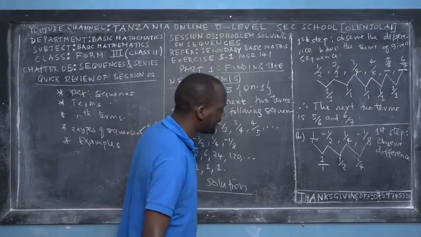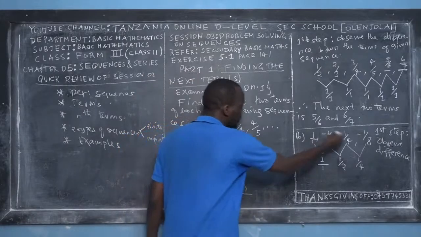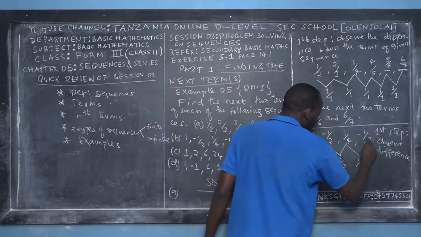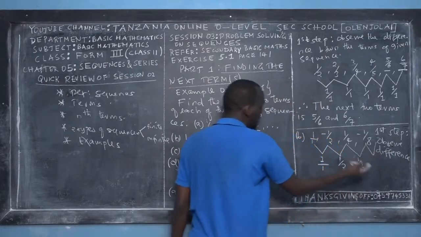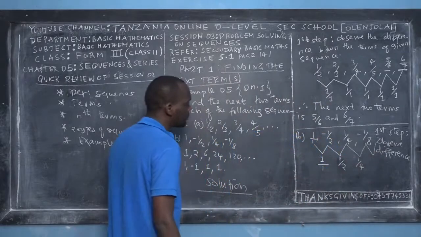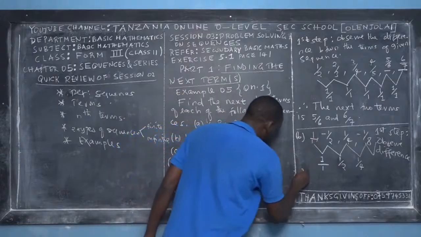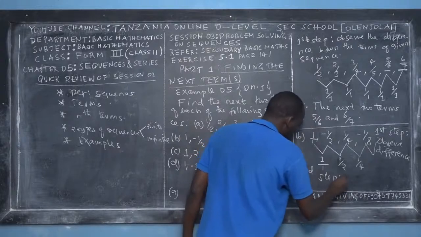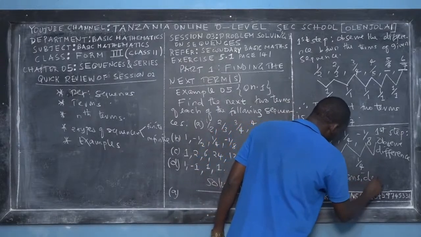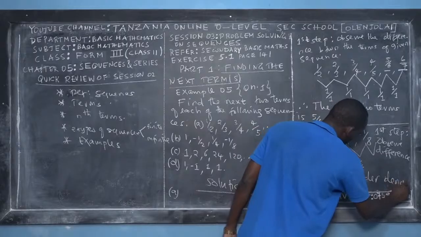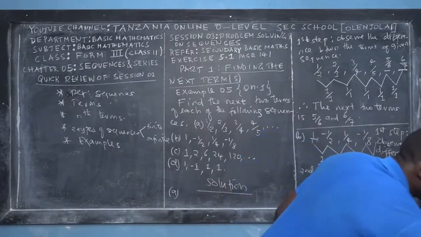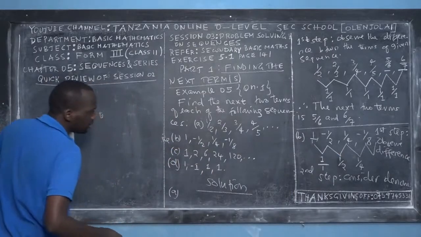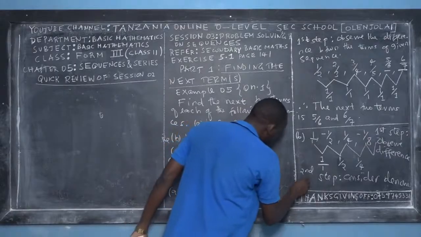The numerator is fine, but we cannot determine the next two terms because we don't know the difference between them. So the second step is to consider the denominator of each term in the sequence of fractions.